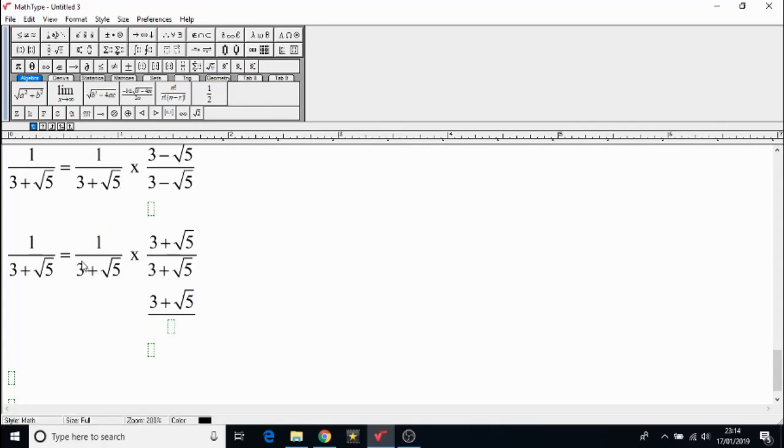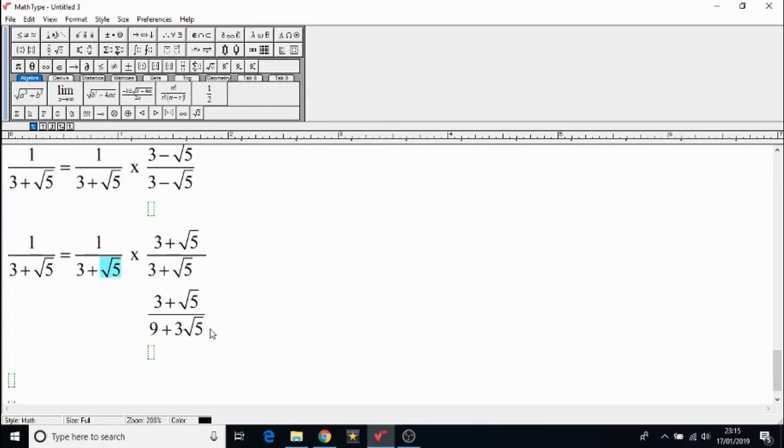So you multiply one term by all the other terms in the other bracket. So you're going to multiply 3 multiplied by 3, which is 9. Then 3 multiplied by root 5, which will be 3 root 5. Then you're going to multiply the second term by everything in the other bracket.